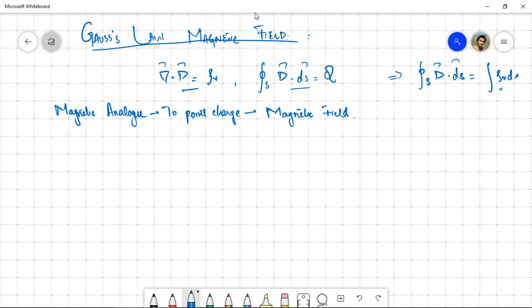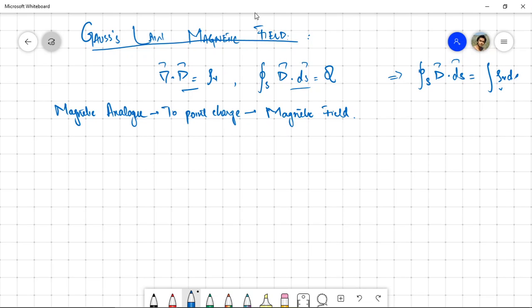We have already talked about this, but we'll talk about it here in a little more detail. An isolated charge or a point charge can exist in isolation, but we have already witnessed that a magnetic pole cannot exist in isolation. It will always be in pairs.